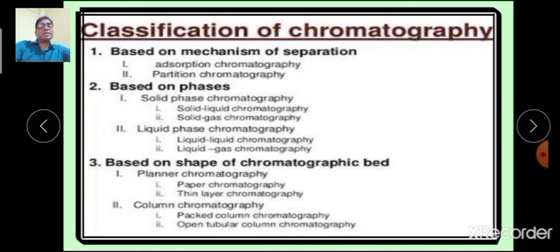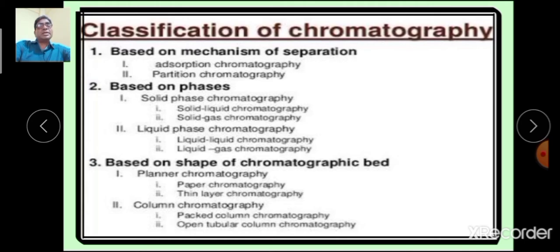The third classification is based on the shape of chromatographic beds. The first one is planar chromatography. The varieties of planar chromatography are paper chromatography, which we are going to study this year, and the second one is thin layer chromatography, which we are also going to learn in this topic.